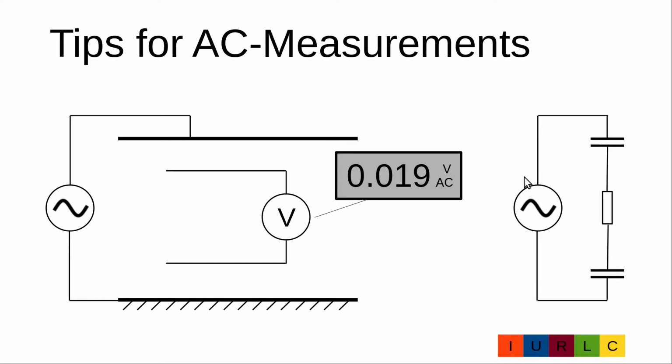An AC voltage source is connected via a tiny capacitor to the internal measurement resistor, and via a further tiny capacitor to the voltage source.